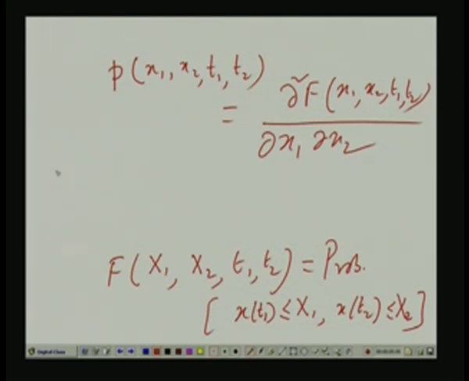if you just view x of t1 and x of t2 to be two random variables varying jointly. So you can easily see, I can write some other identity also, that is F of x1, t1 you can always write as the joint distribution with x2 taking infinity, at t1 and any t2.